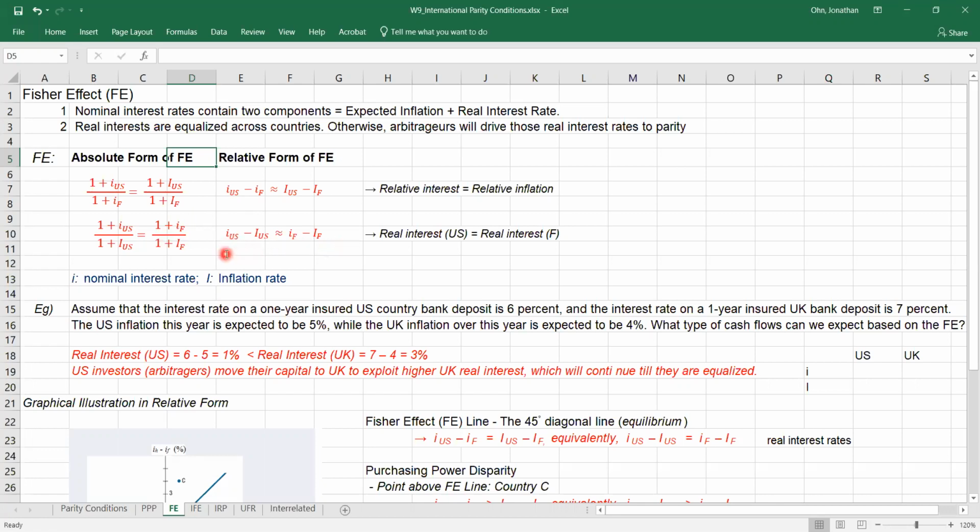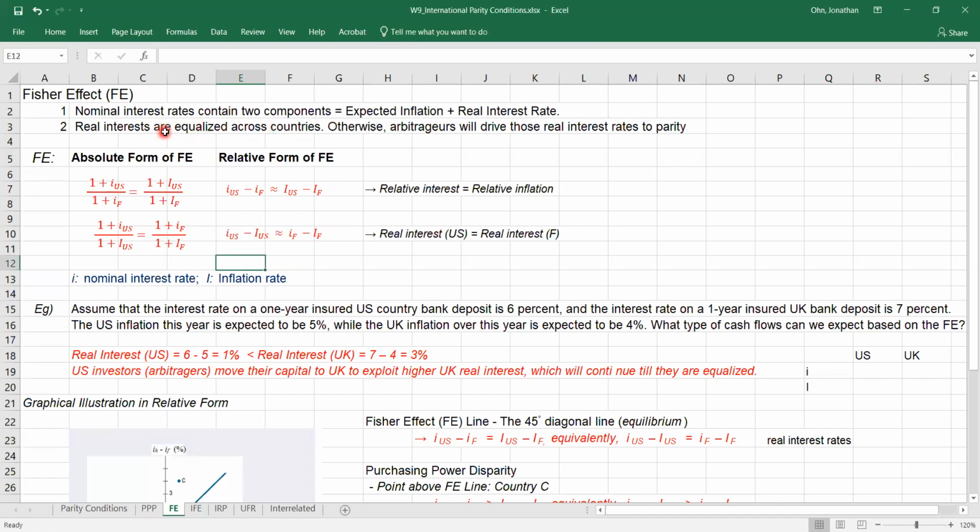Look at this. i US minus big I US is interest rate minus inflation rate. What is that? That's the real interest rate. Do you see that? Nominal interest rate minus inflation, that's a real interest rate. So the US real interest rate should be equal to the UK real interest rate.